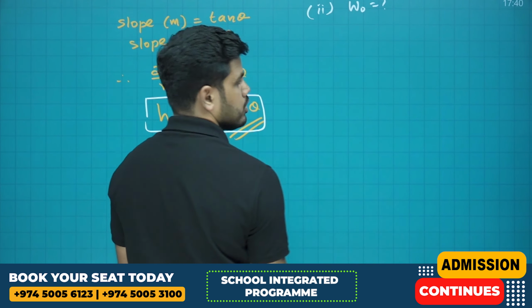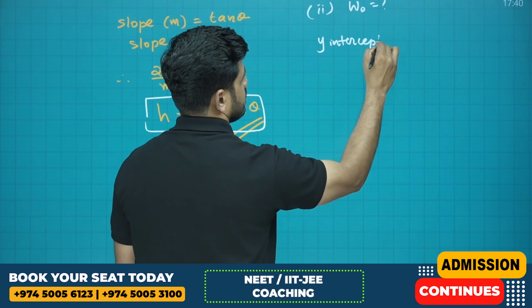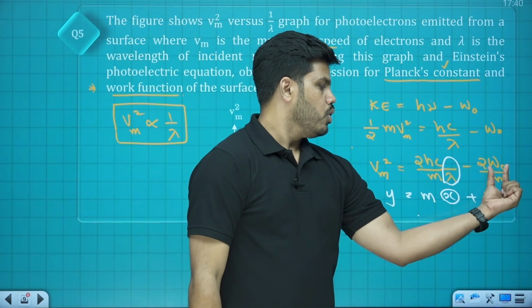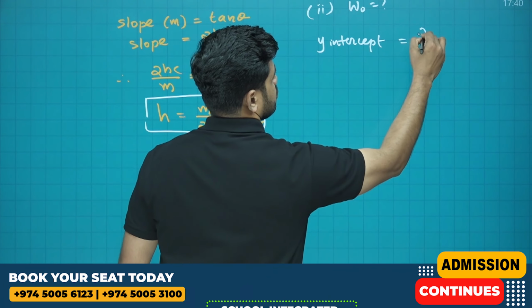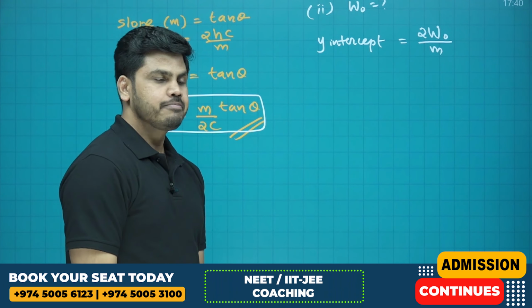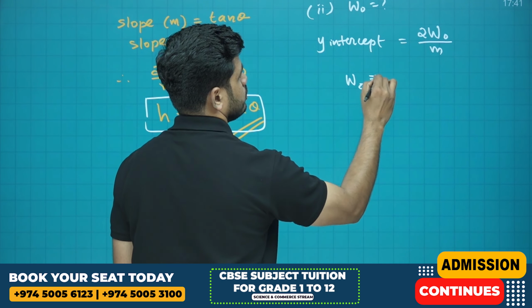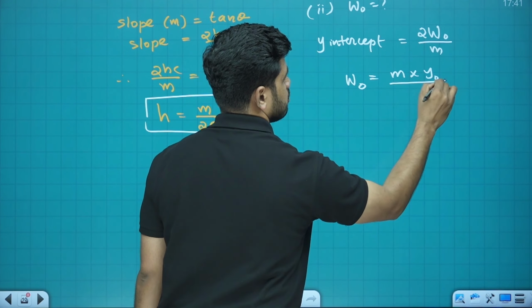For finding the work function, the y-intercept of the graph is equal to, tell me what is that value we obtained? It is 2 omega naught by m. Yes, actually 2 w naught by m. But w naught is the work function. So what is w naught? W naught is equal to m into y naught divided by 2.